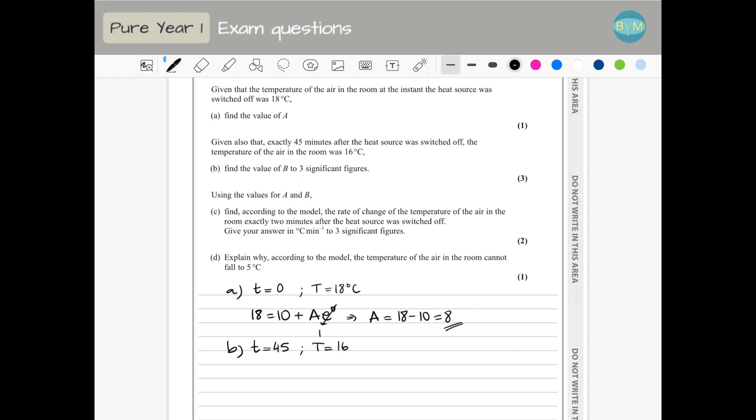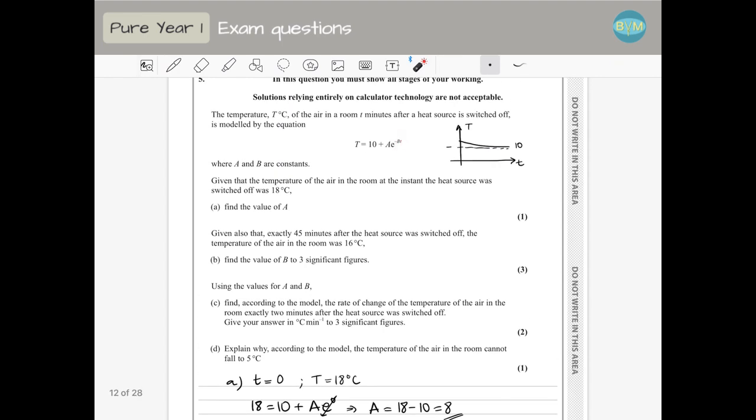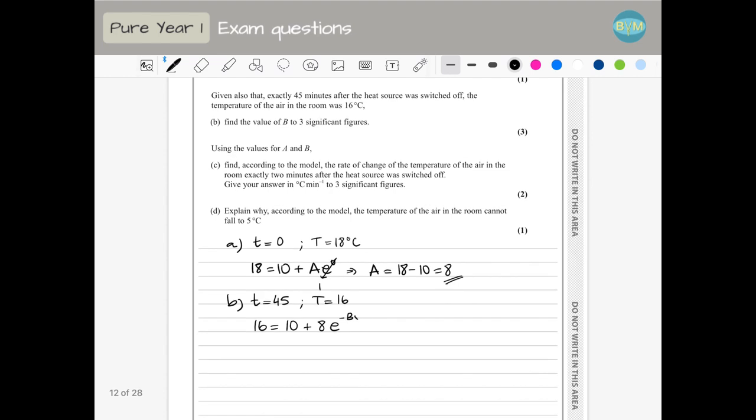So we substitute 16 equals 10 plus 8 e to the power of minus b t, where t is 45, yeah? So this is our equation that we are going to solve. We have 16 minus 10, 6, is 8 e to the minus 45b, and I'm going to write this the other way around because we are more used to it. If we simplify, we have that e to the minus 45b is 6/8, which is 3/4.